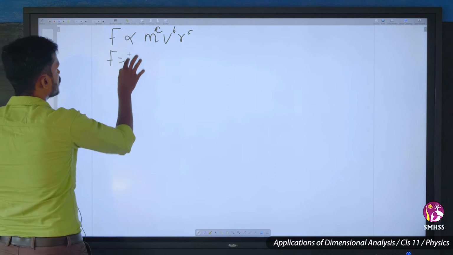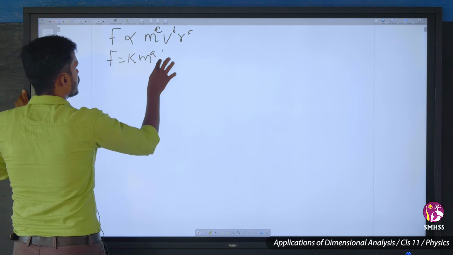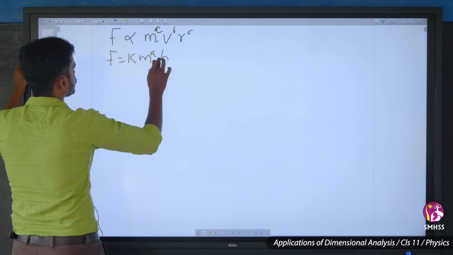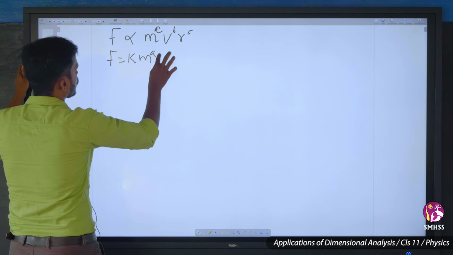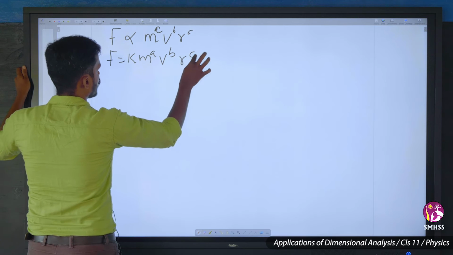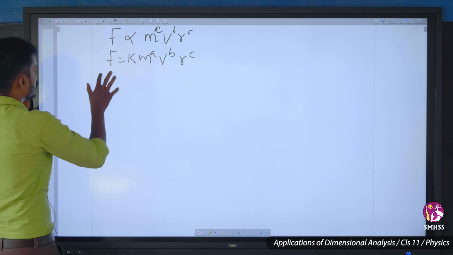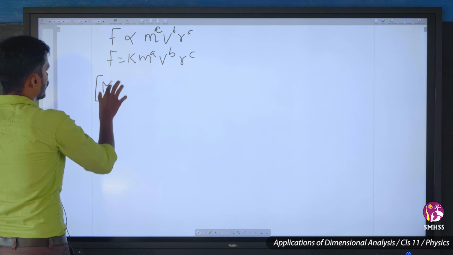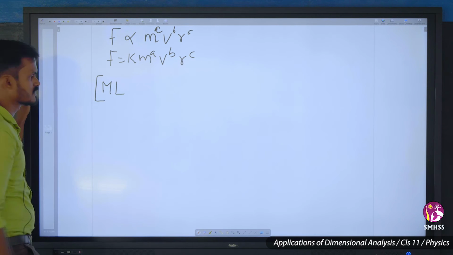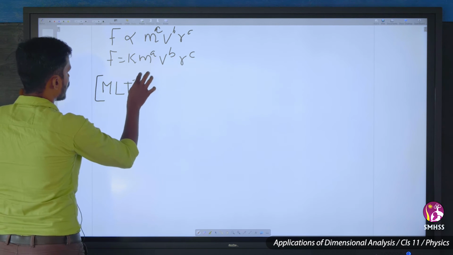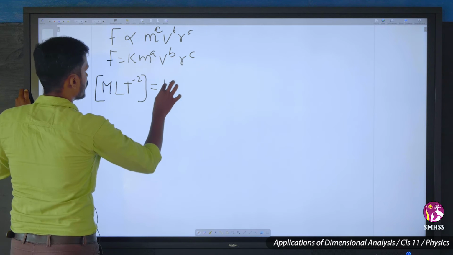Here F is equal to k (M^a)(v^b)(R^c). For force we have to apply the dimensions. Force is mass into acceleration, so M L T raised to minus 2, k.